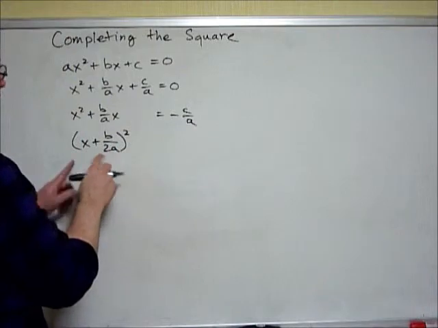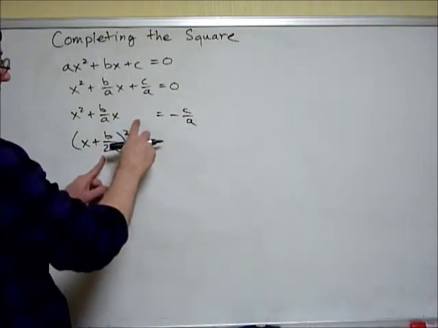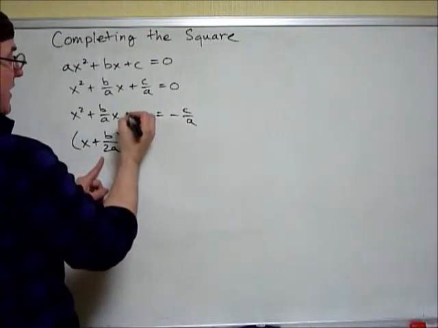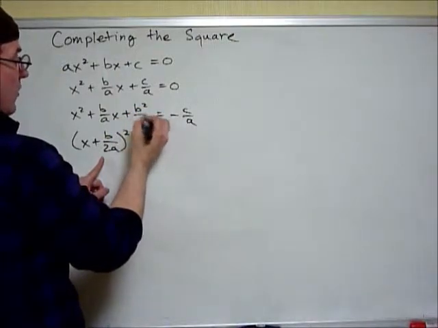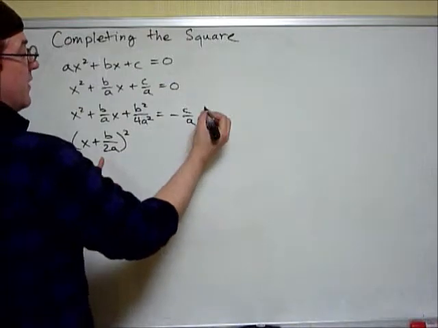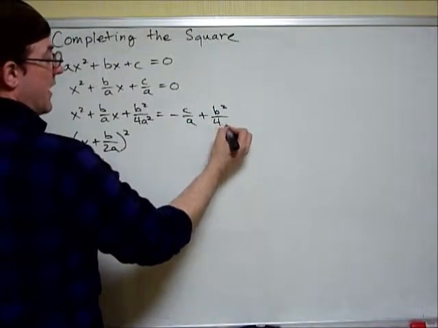And remember, if I then calculate this square, I'm going to wind up with a last term that's this squared. So I have to add that here, plus b squared over 4a squared. If I add it here, I have to add it here, plus b squared over 4a squared.